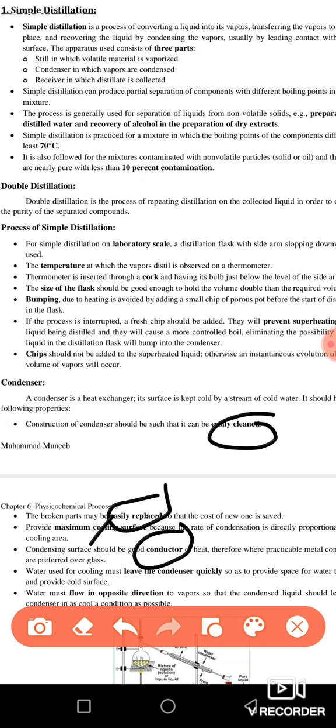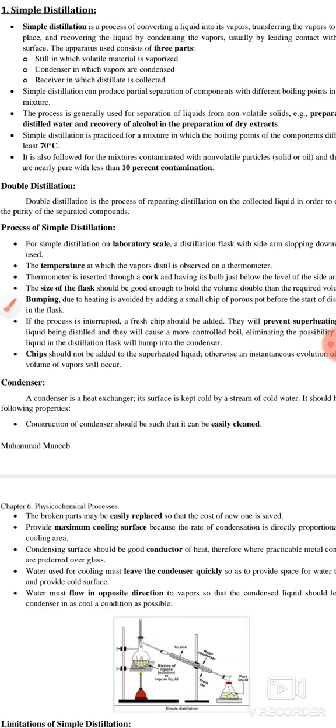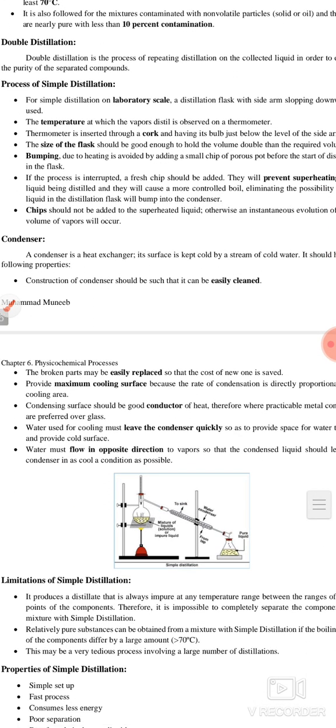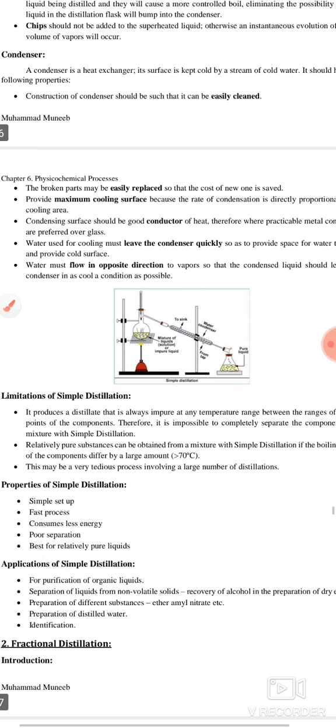The water should flow in the opposite direction. So these should be the properties of your condenser: easy to clean, replaceable, with maximum surface area for cooling, and water flowing in the opposite direction.